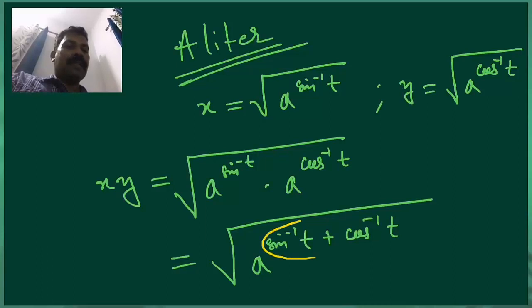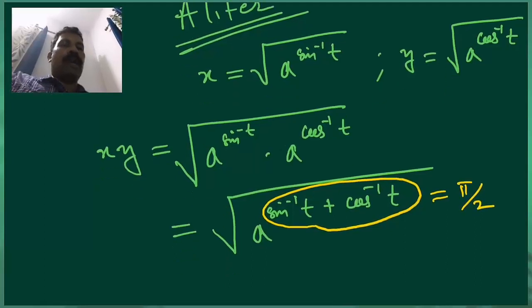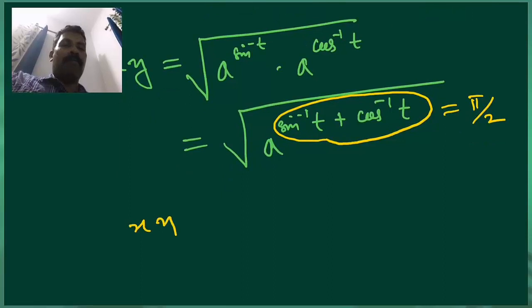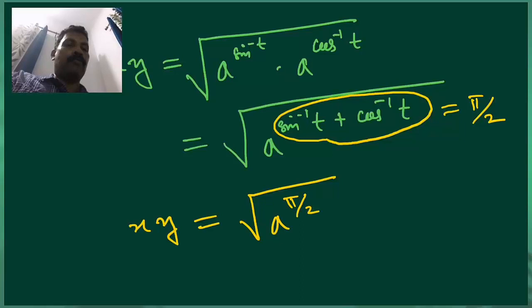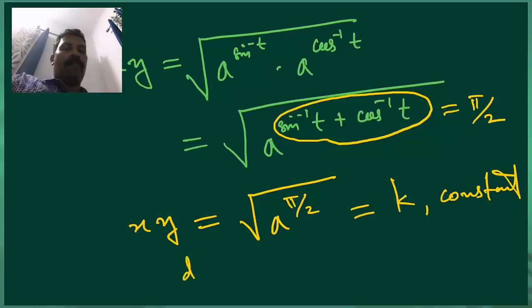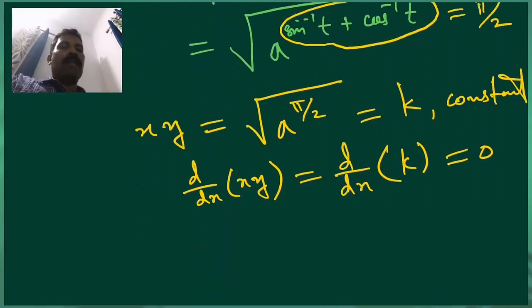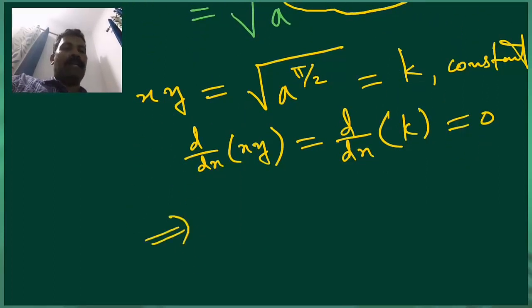And you know that there is a very interesting result in inverse trigonometric functions, that this equals pi by 2. So what happens, that is we have xy is equal to square root a raised to pi by 2. That is a constant, say k. K is a constant. Then if we go for the derivative of xy, the derivative of a constant k will be 0. Now what about the left hand side?